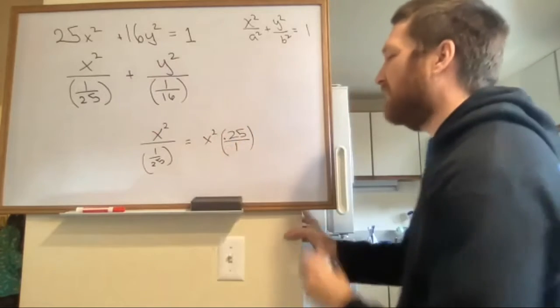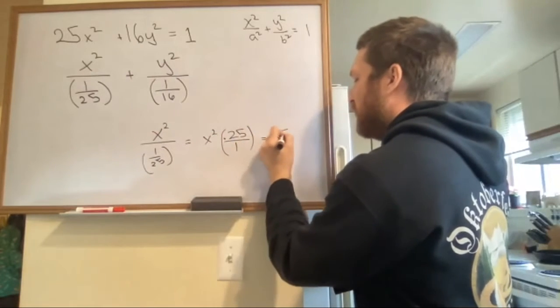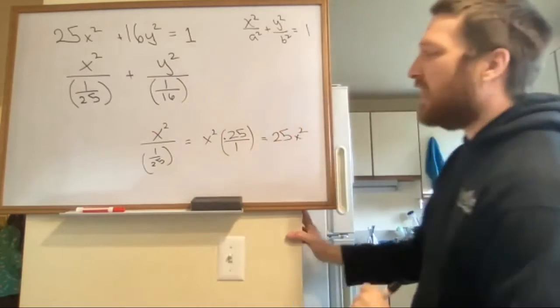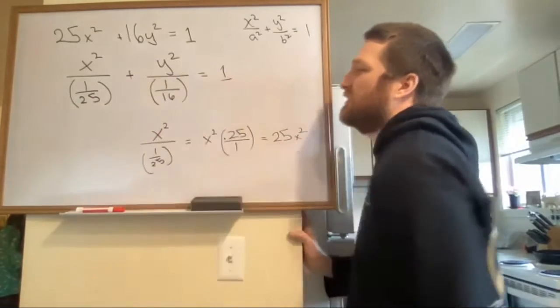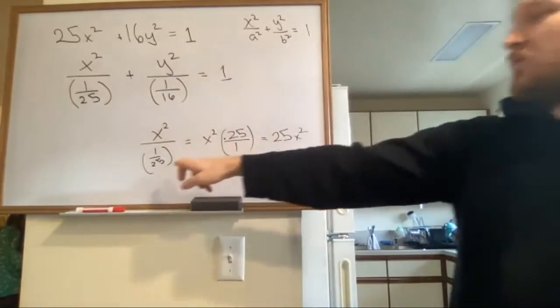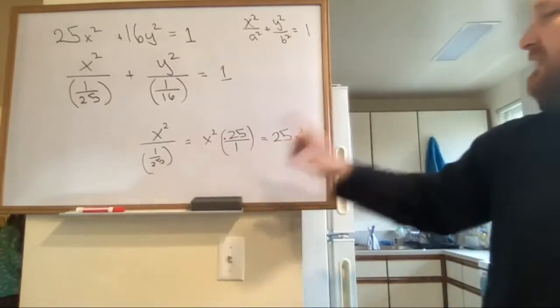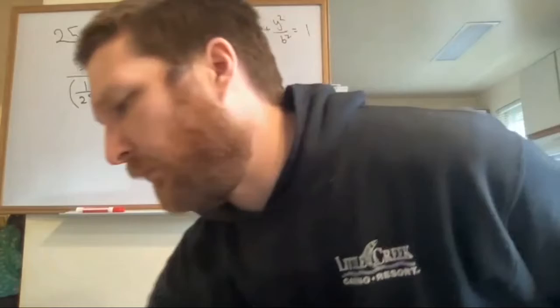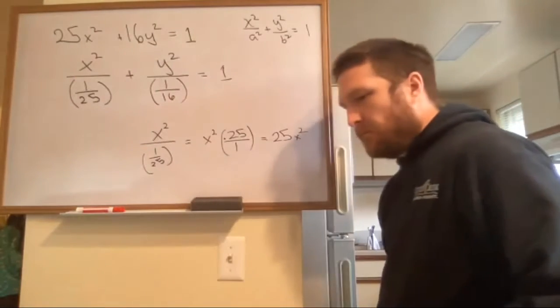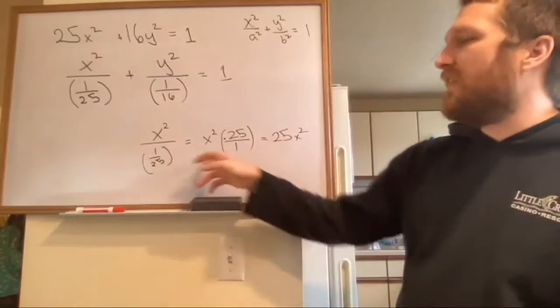And so you do that, and then you'd say, well, that's 25x squared. And so that's the trick right there, we just do it in reverse. Instead of saying, if you start here, you could turn that into that. We're just using that trick in reverse.